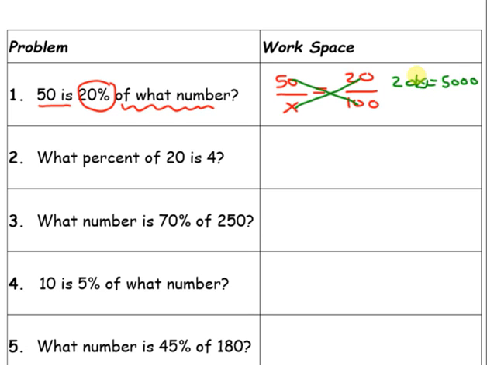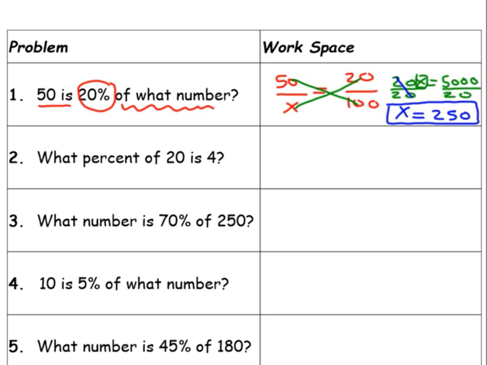We're going to box the variable, divide by 20, divide by 20. Our 20s are going to cancel here, and we're going to get x equals, and when we take 5,000 and divide it by 20, we're going to get 250. And that's going to be our final answer for this one, and I'll box it off.